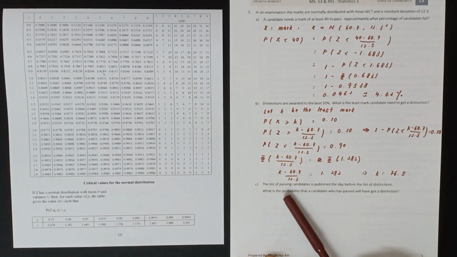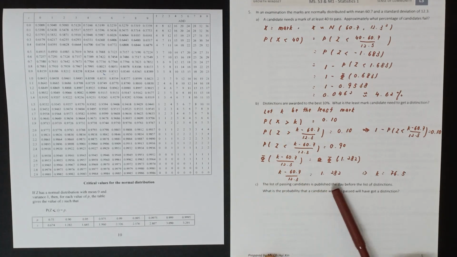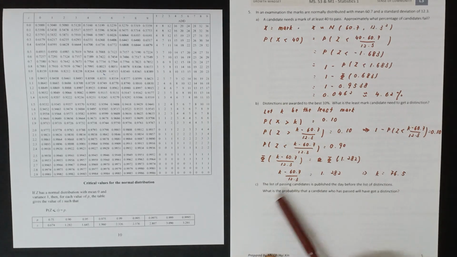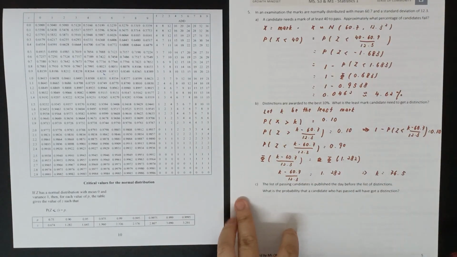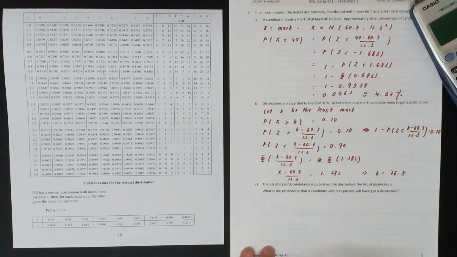Okay, so the list of the passing candidates is published the day before the list of distinction. What is the probability that a candidate who had passed will get a distinction? So my question is, what is your sample space? Are you trying to see all the candidates now? No, you are going to see the candidates who had passed only.